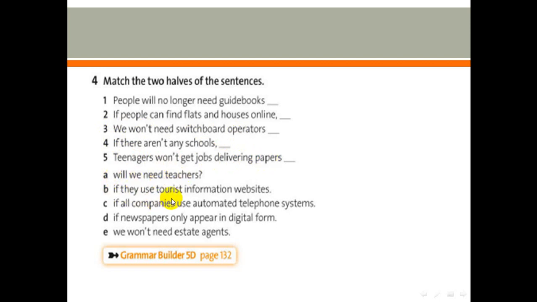If they use tourist information websites, if all companies use automated telephone systems, if newspapers only appear in digital form, we won't need estate agents. So you have to match two halves, the if clause with the result clause or the main clause.